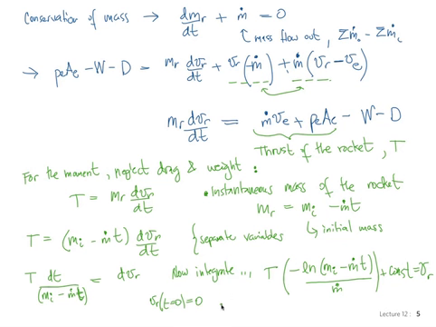And so I get that the constant is equal to thrust divided by m dot times the logarithm of initial mass. Yes? Good? Now we're going to put those things together to write the final equation. Good? Almost done.